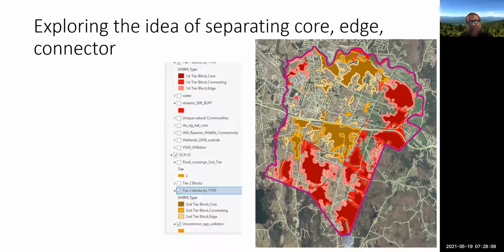Then I took segments of that 300-meter band, and I called them either connecting, which you see is a darker red here, or just edge, where they have a lower significance. So I'm now trying to get you that finest detail of what parts of the perimeter of the block are most important for connectivity. And so this is the best way that I've been able to figure that out.